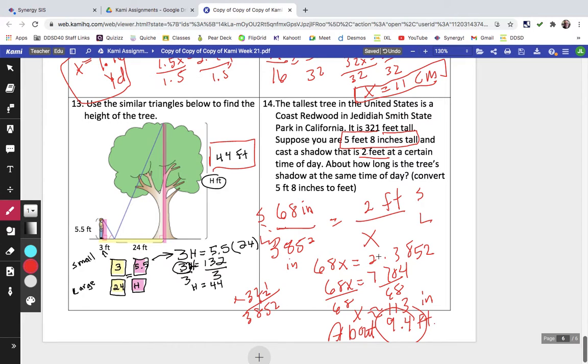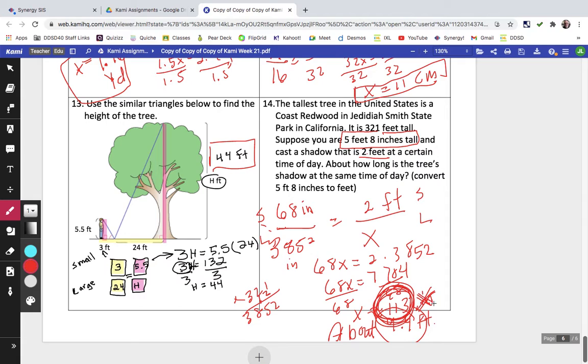Oh, I know what has happened here. Okay. Right here, this is the problem. We've got the answer 113, but it's not in inches.